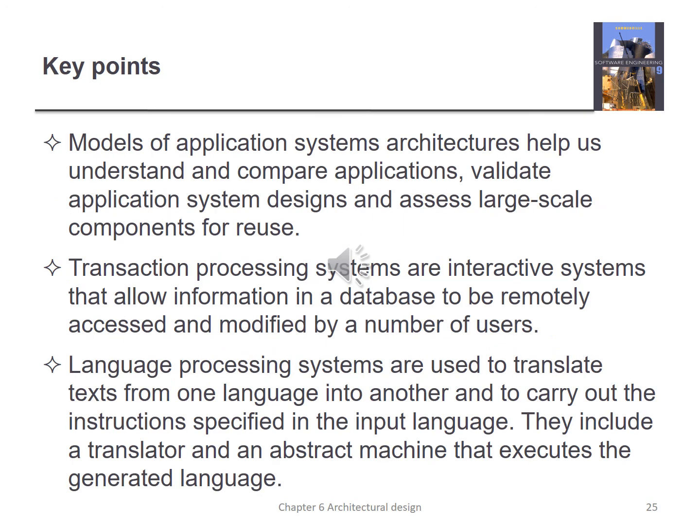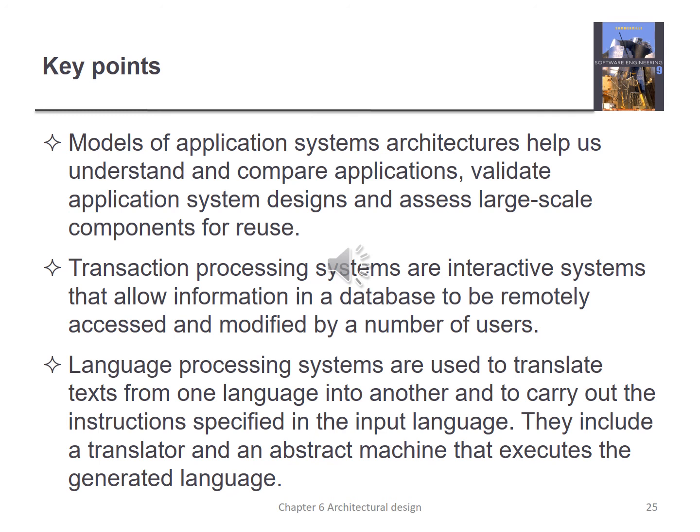Then we talked about models of application system architecture, which help us understand and compare applications, validate application system designs, and assess large-scale components. From this application architecture, we discussed two types: transaction processing systems and language processing systems. Transaction processing systems are interactive systems that allow information in a database to be remotely accessed and modified by a number of users, and there we probably used the layered architecture pattern, the abstract machine.